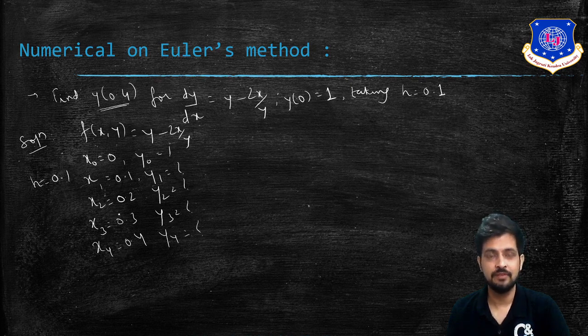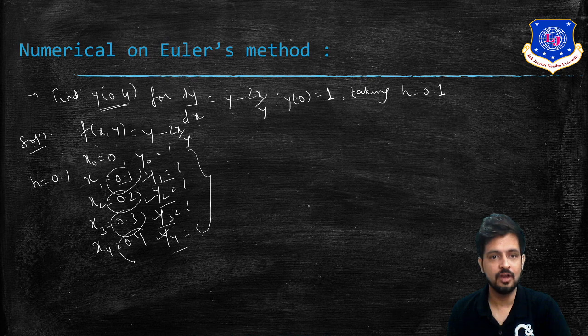So in this way we have to find up to y4. On the basis of this you can check up to which step we have to calculate. So y1 will be y of 0.1, y2 will be y of 0.2, y3 will be y of 0.3, and y4 will be y of 0.4. So we have to find till 0.4.